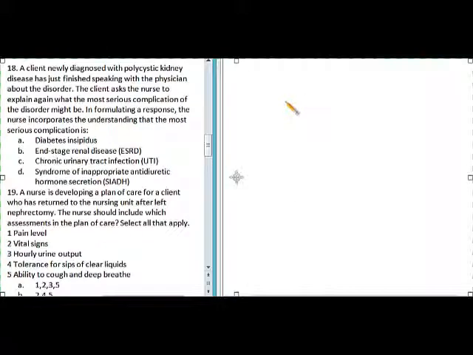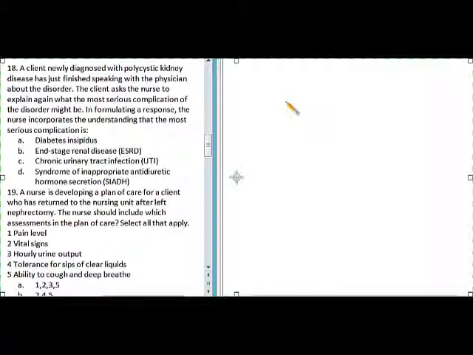number 18. Client newly diagnosed with polycystic kidney disease has just finished speaking with the physician about the disorder. Client asks the nurse to explain again what the most serious complication of the disorder might be. In formulating a response, nurse incorporates the understanding that the most serious complication is.